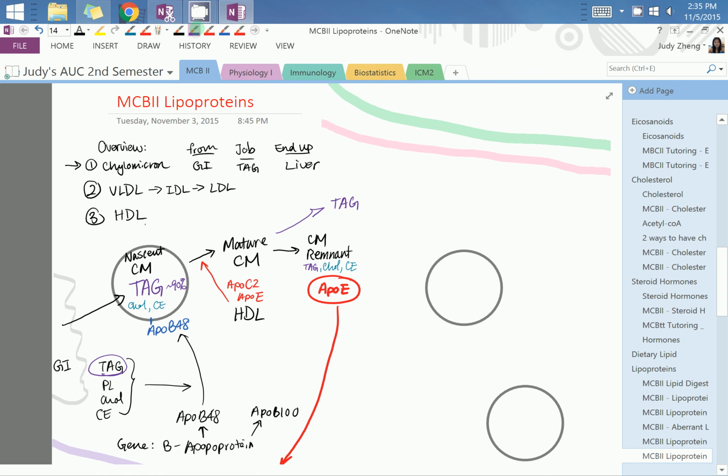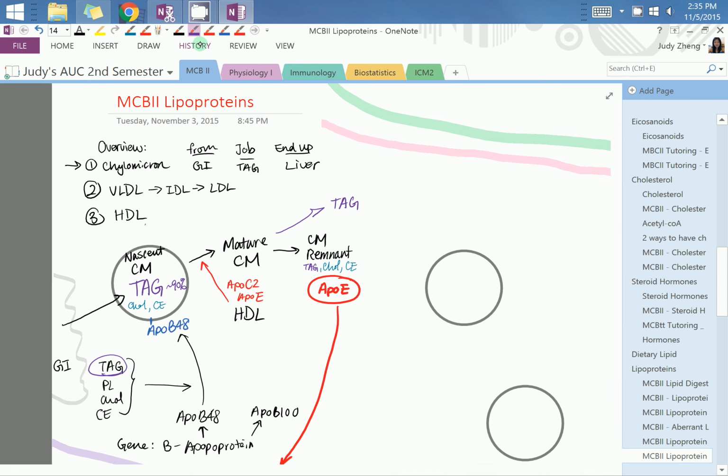But there's one more thing that we need to talk about. I mentioned that the goal of this chylomicron is to give these triglycerides to the peripheral tissue, right? But in the form of triglyceride, it can't be taken up by the tissue. The same problem as in your GI tract, where the triglycerides need to be broken down a little bit first before they can be absorbed. So the same idea happens here.